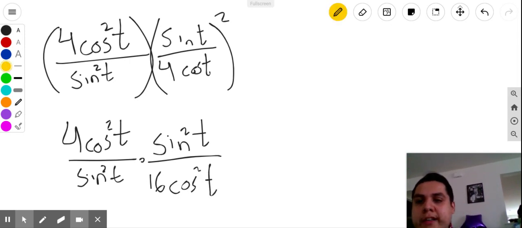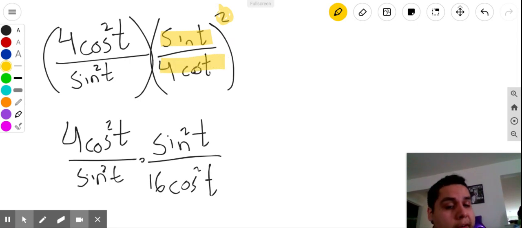Because in that second expression, the squared applies to the numerator and to everything in the denominator, so everything got squared. The t's did not get squared because the t's are inside the trig function, so they're kind of immune to that squaring effect. Okay? So now that I have this, here's what I would want to do.